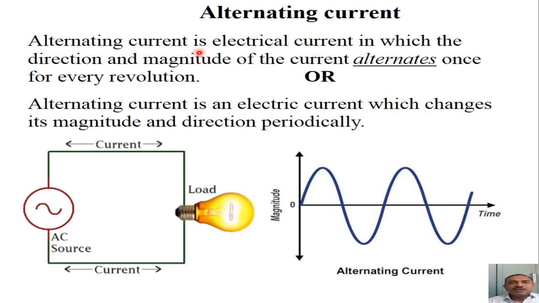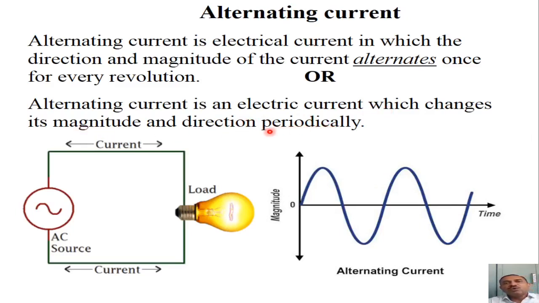Now alternating current is an electric current in which the direction and magnitude of current alternates once for every revolution. It means that the current is not constant or its direction is not only one. Alternatively, we can define alternating current as an electric current which changes its magnitude and direction periodically.